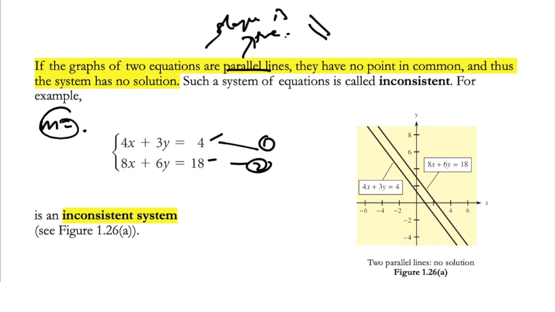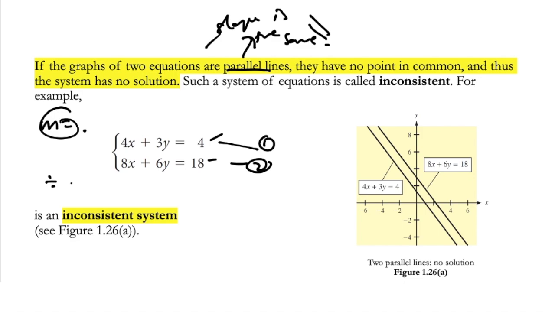Okay, so here, furthermore, when the slope is the same, what makes them different? What makes them not identical to each other is just because they have different intercept. Okay, and you can see clearly, let's say equation 1 here given by 4x plus 3y equivalent to 4. If you see equation 2 here, 8x plus 6y equivalent to 18.